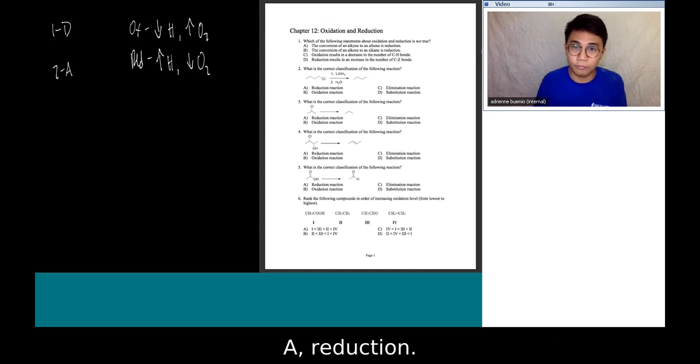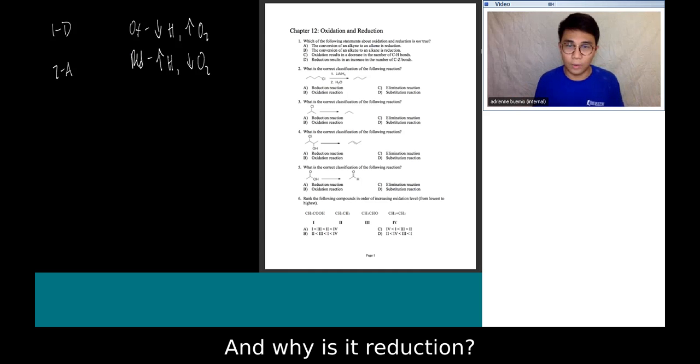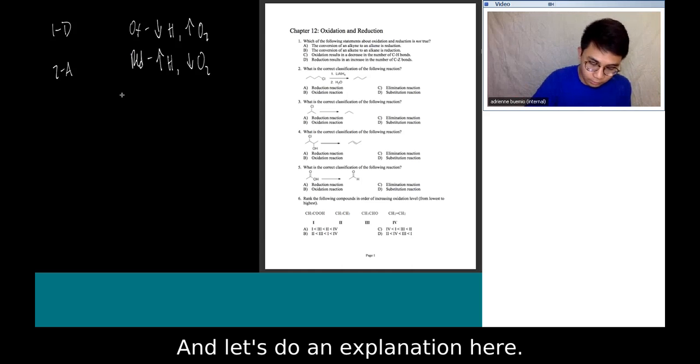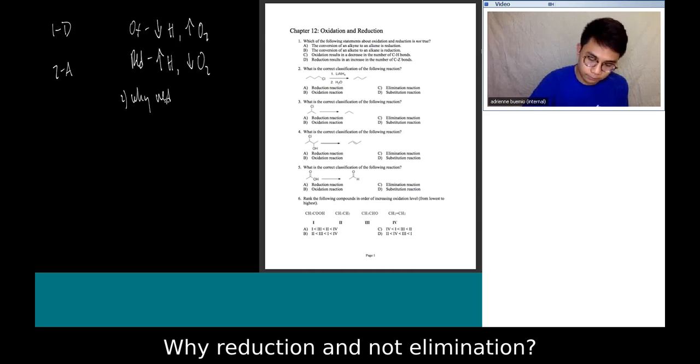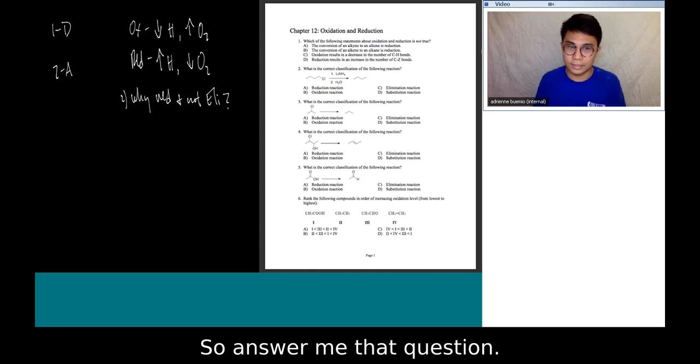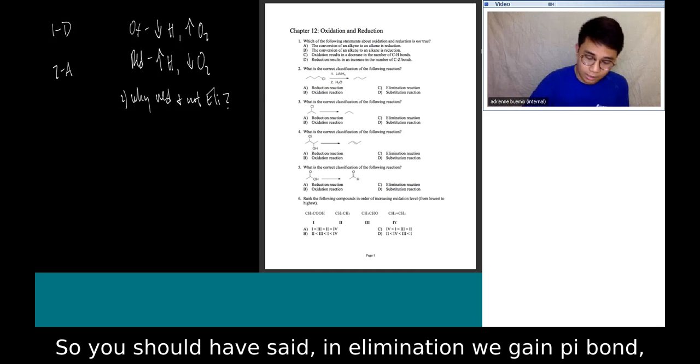A, right? Reduction. And why is it reduction? Again, why is it reduction? Let's do an explanation here. Why reduction and not elimination? Answer me that question. So you should have said in elimination, we gain a pi bond, right?